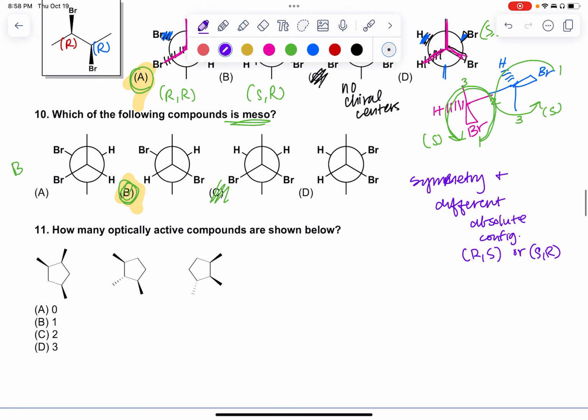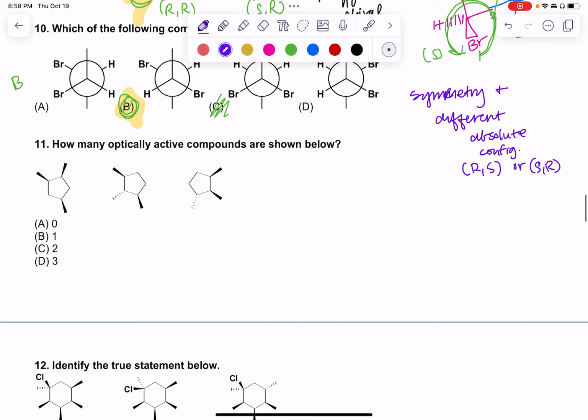Alrighty, how many optically active compounds are there? Well, here's another meso question. We want to be able to cut these in half, basically, and have some symmetry. So here, you can cut this atom in half. You can also cut this one in half. And now we have symmetrical things. You have a dashed one here, and no matter where you cut it, if you cut it in half here, it's not symmetrical because they need to both be cis or trans.